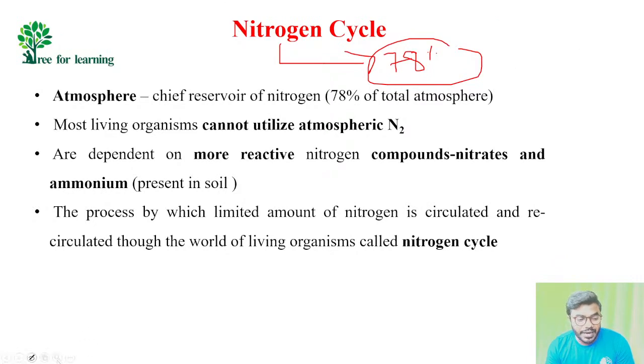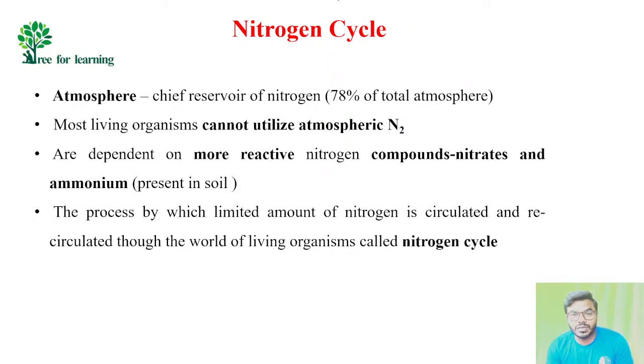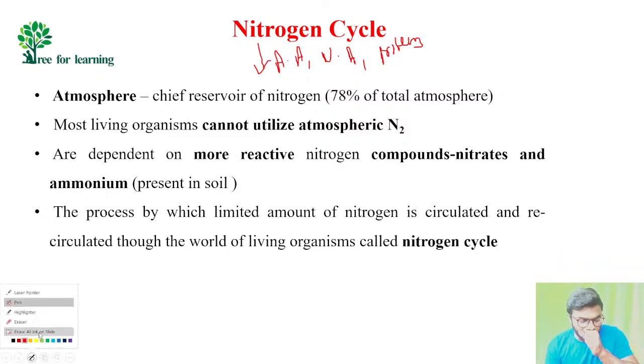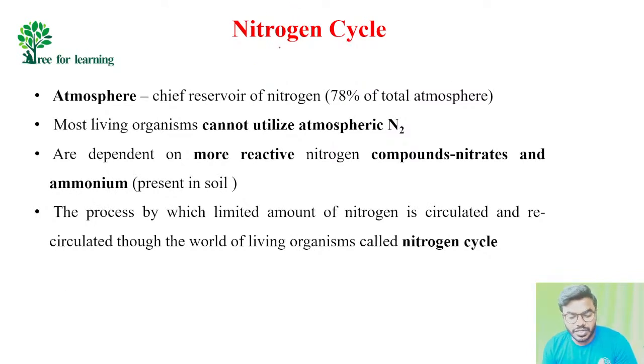Why? Because nitrogen plays a crucial role in the production of amino acids, nucleic acids and proteins. That is the reason nitrogen is extremely important for plants as well as animals.